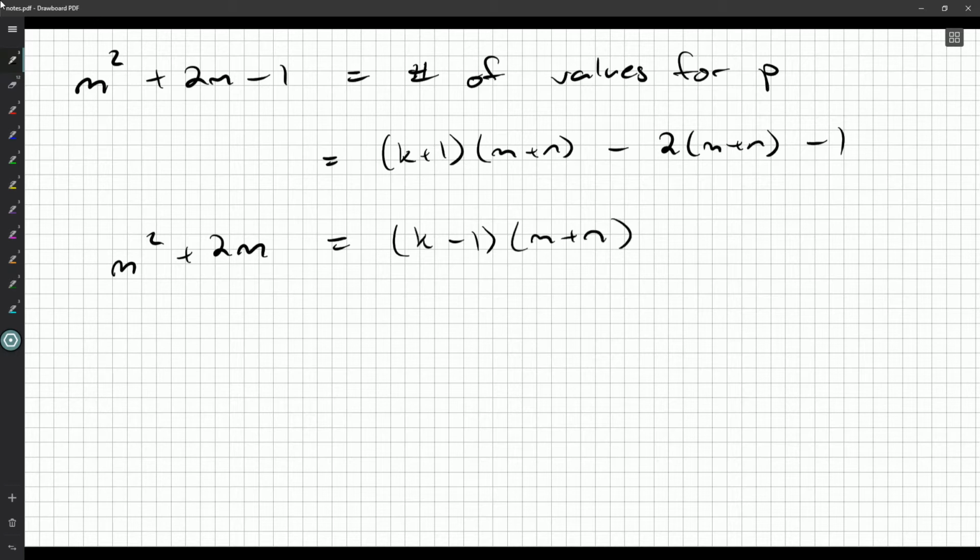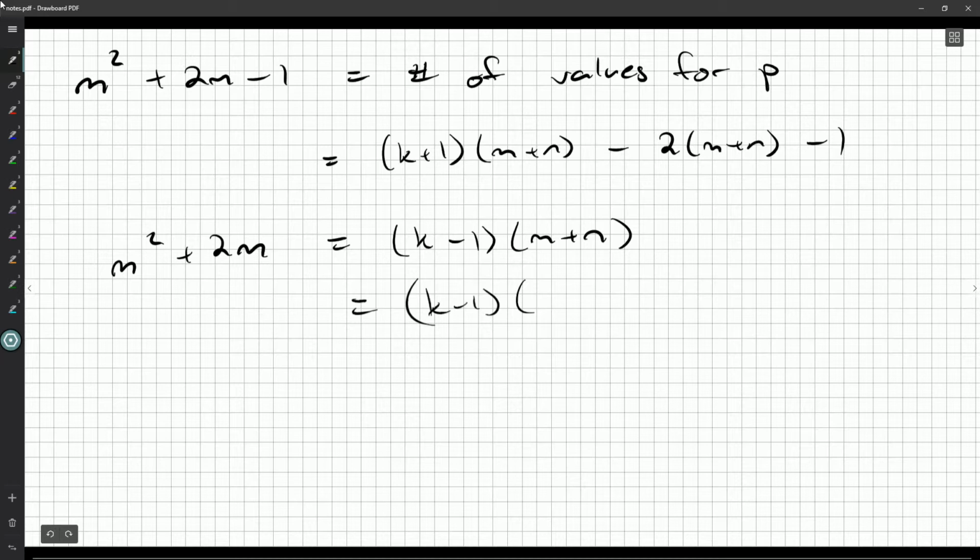Does this do anything for me? Well, I've got 2m, and we did have a way to write 2m earlier. I suppose I could also write this as k minus 1, because we've seen k minus 1 before as well.